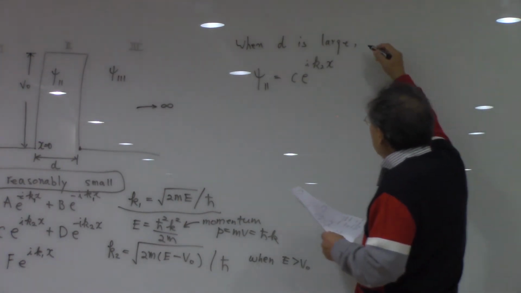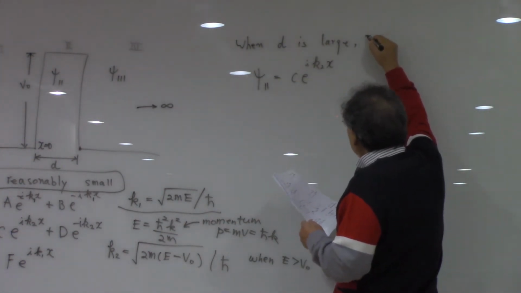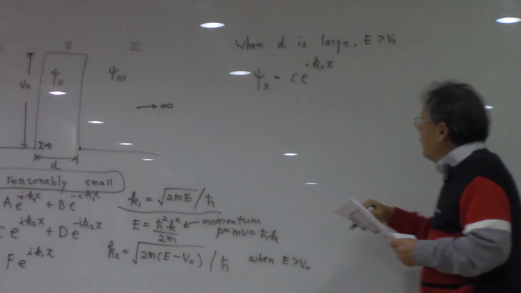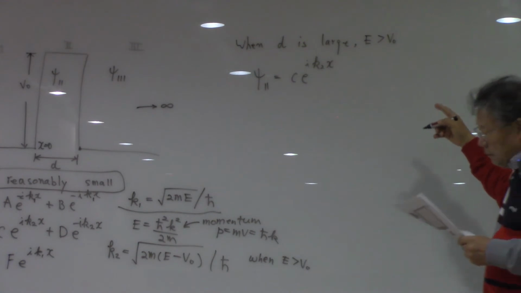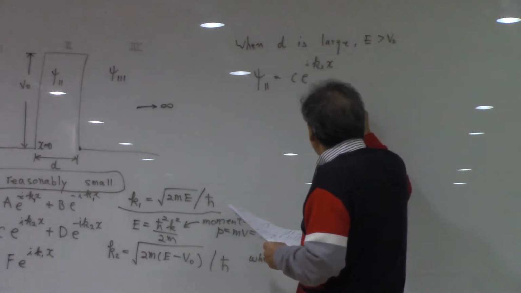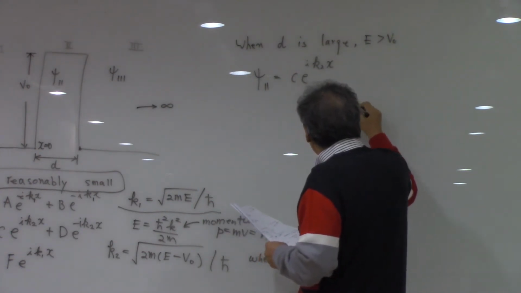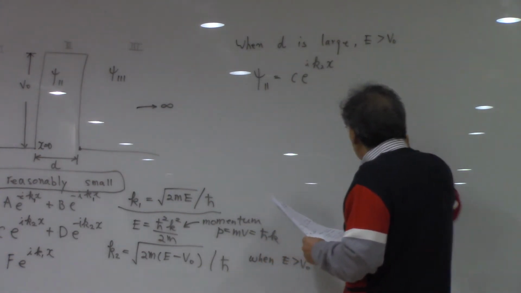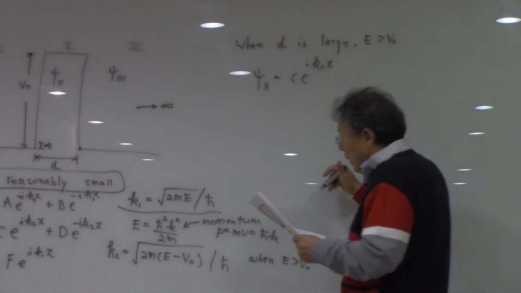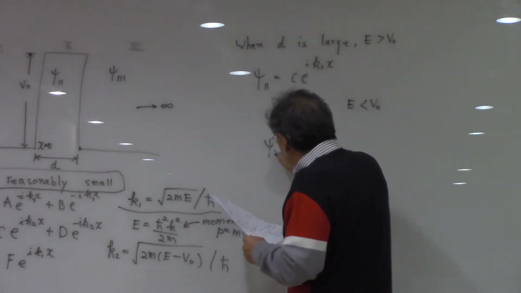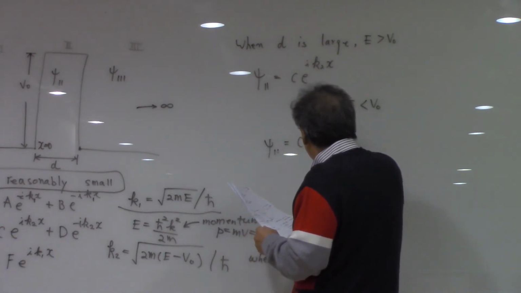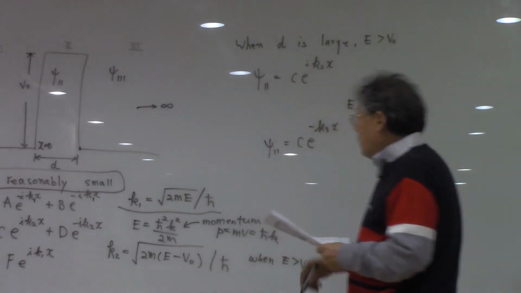When the electron energy is bigger than the barrier height. But when the electron energy is less than the barrier height, then psi 2 becomes C e to the minus k3 x, something like that.